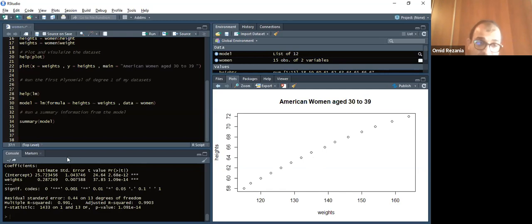Now, the model which we estimated gives us a slope, and it also gives us one intercept. That's right. Our slope was 0.287249. Our intercept was 25.72, correct? I'm going to say, guys, that's going to be our model of the line.